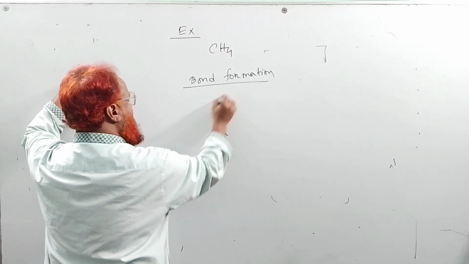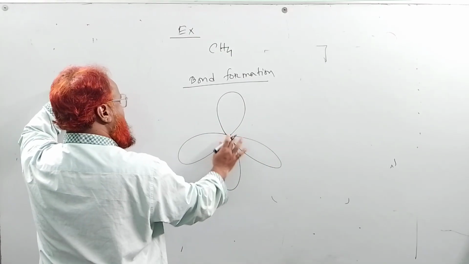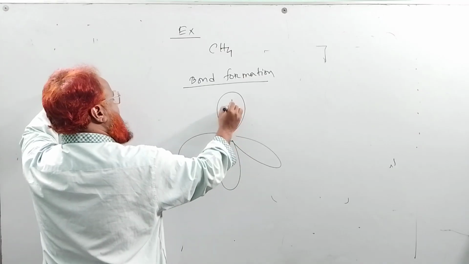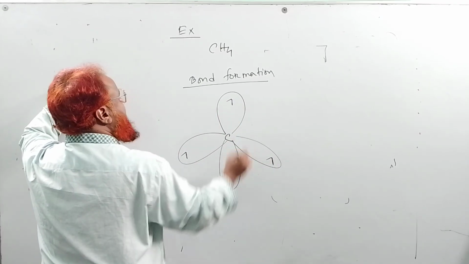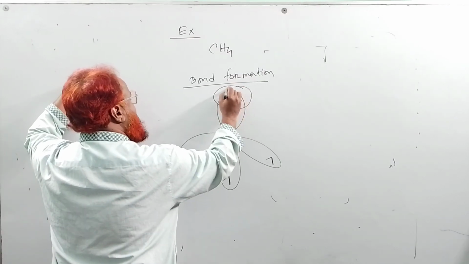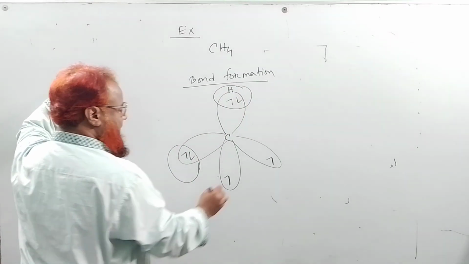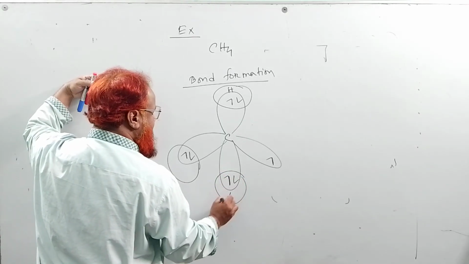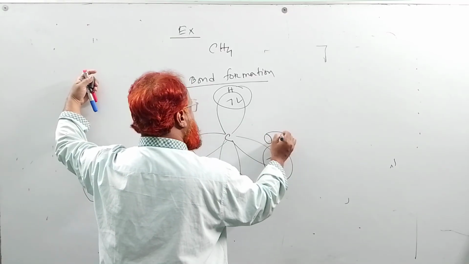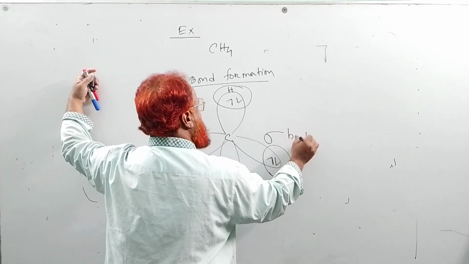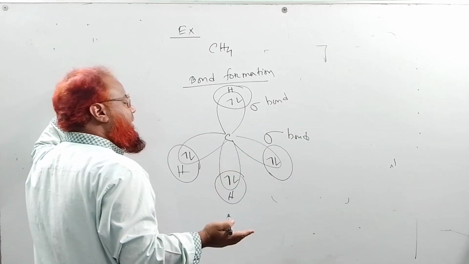So, this carbon has the unpaired electrons 1, 2, 3 and 4. Now, these will be paired by the head to head overlapping of the unpaired electron provided by the hydrogen atom like this. So, this is a sigma bond, this is a sigma bond. You know that covalent bonds are of 2 types, one is sigma, another is pi.